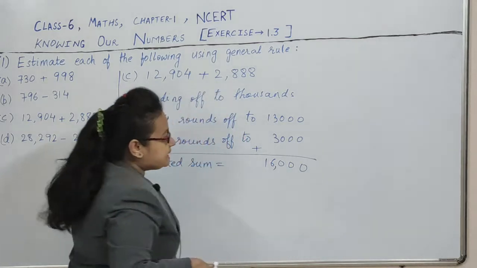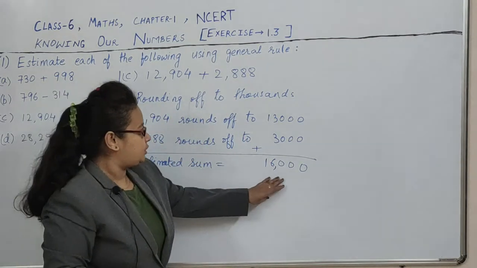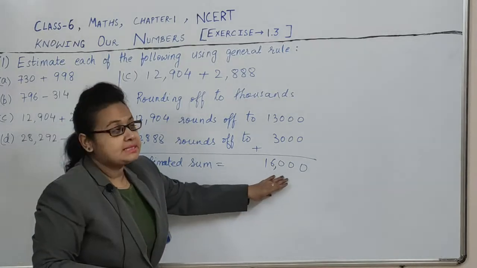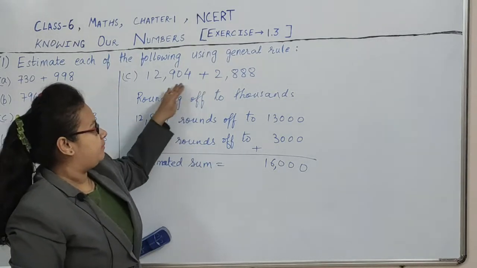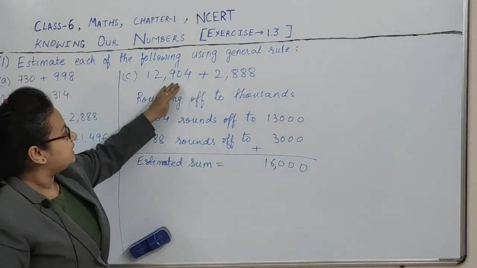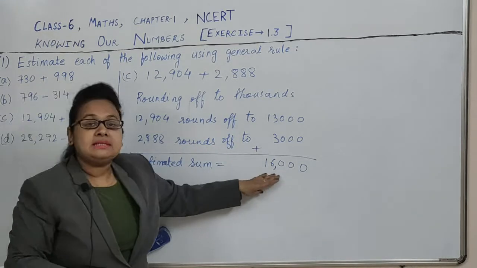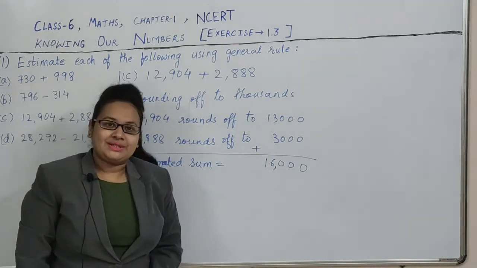So it is 16,000. Okay, so the estimated sum is 16,000. So this is the answer.